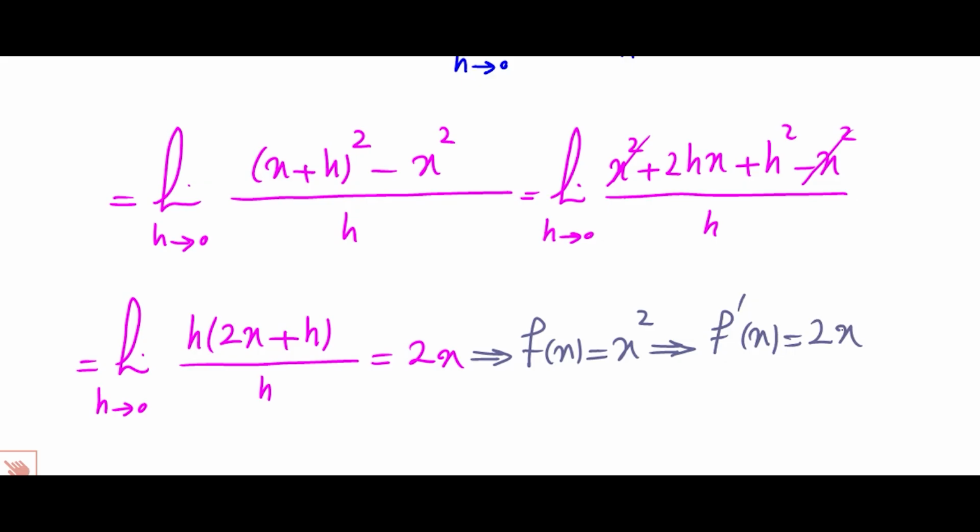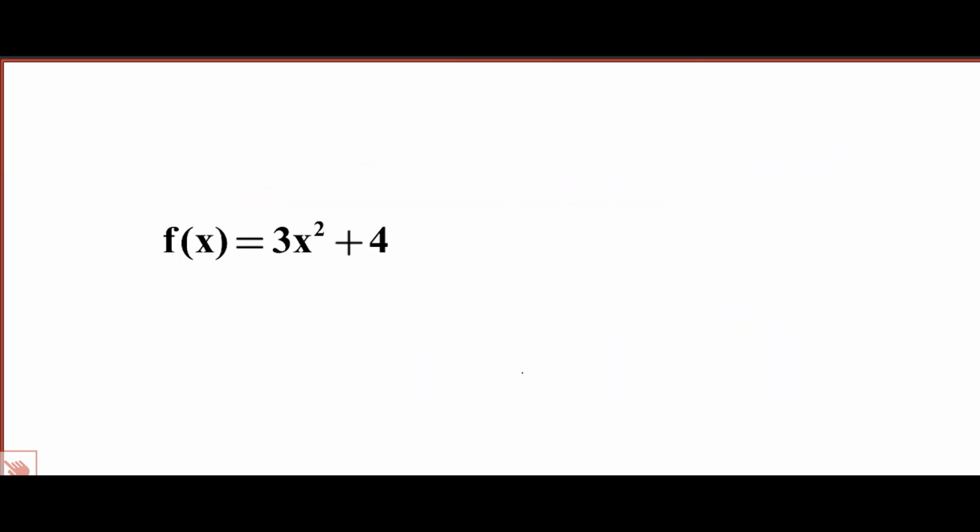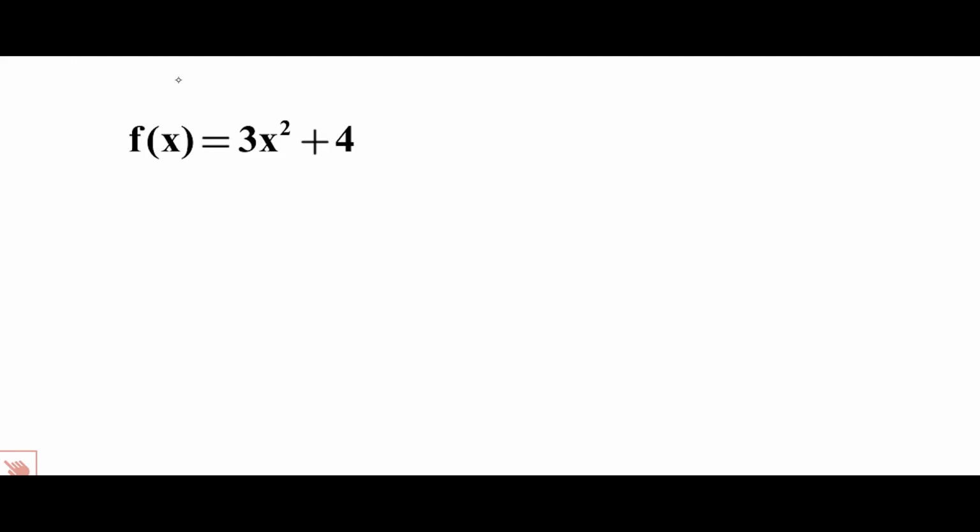Let's solve another example. If f of x is equal to 3x squared plus 4, so f of x plus h is equal to 3 times x plus h whole squared plus 4.